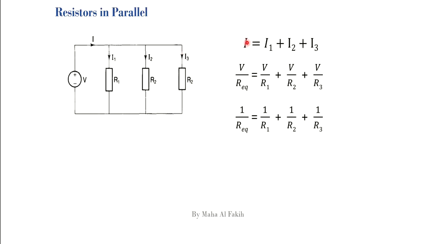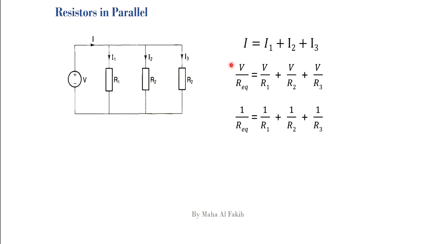So we can write that I is equal to I1 plus I2 plus I3, since I divided into I1, then I2, then I3. Applying Ohm's law over here, we can write that I is equal to the voltage divided by the resistance.